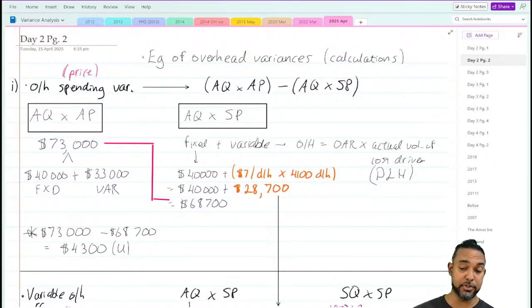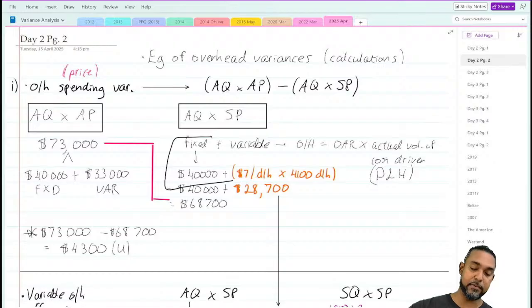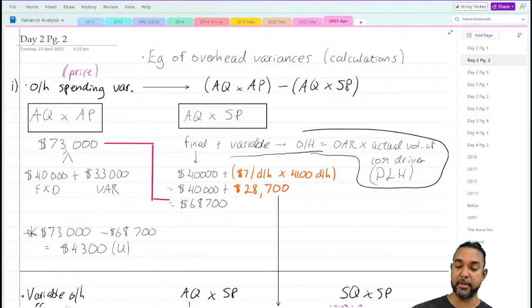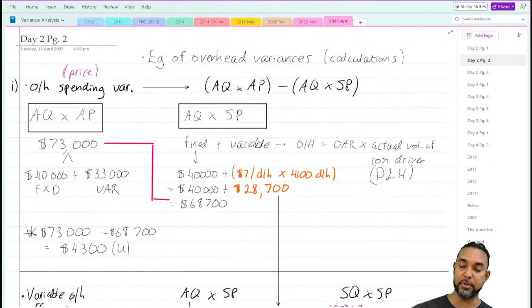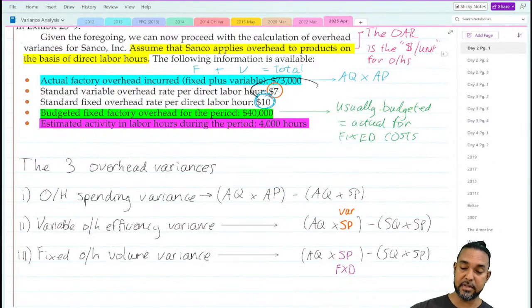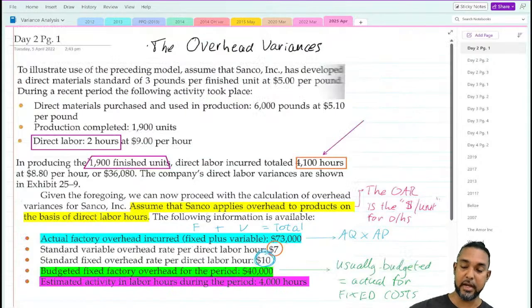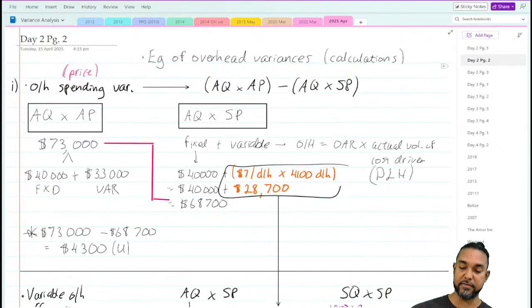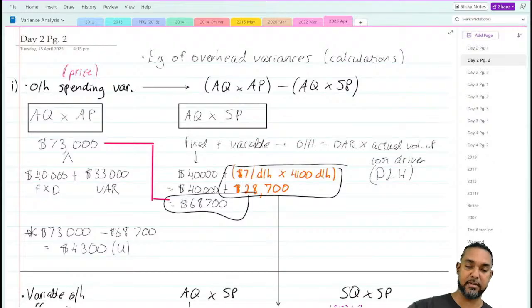We want in the middle how much it should have cost. So again, we break up the overheads into fixed and variable. The fixed stays at 40. For the variable, the OAR is multiplied by the actual level of the cost driver. For variable overheads it was $7 per hour, and the actual direct labor hours was 4,100. So 4,100 by 7 is 28.7, and when you add it to 40, you get 68.7.